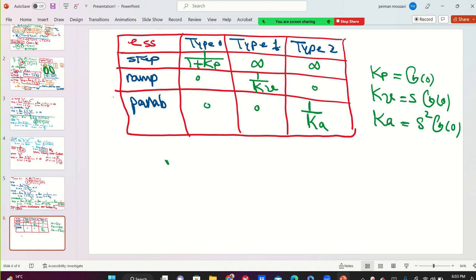Understand everyone? Good. And we can judge a system based on these.